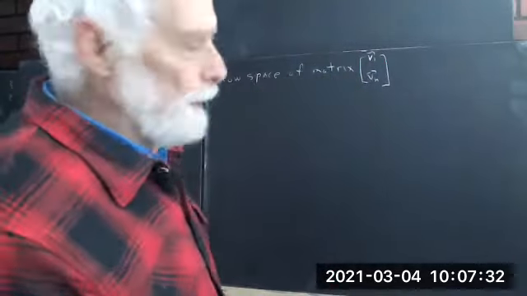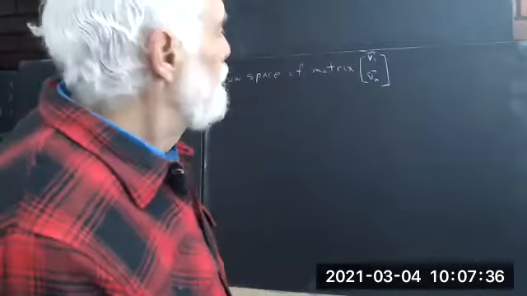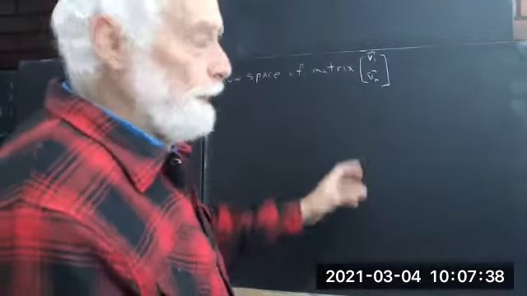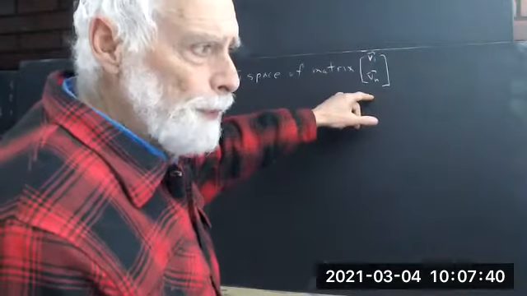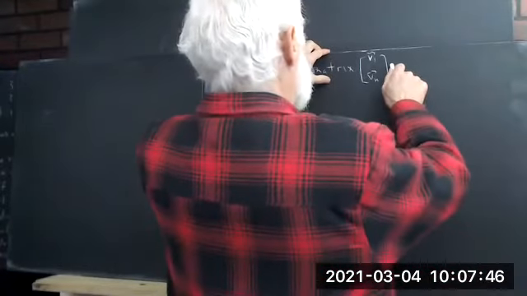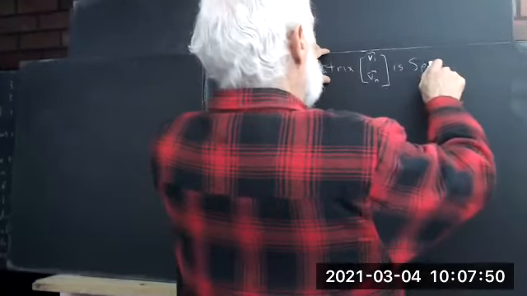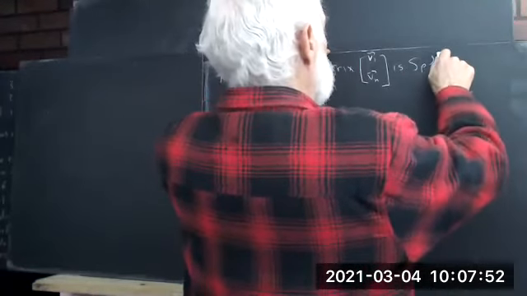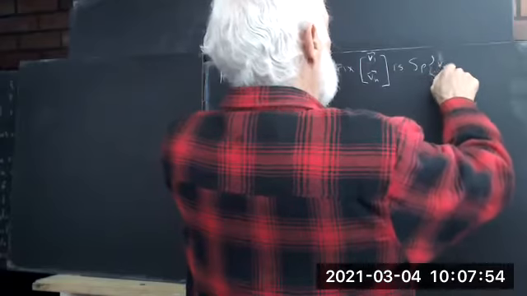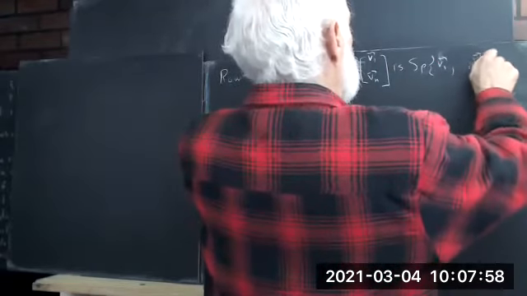We don't have to confine ourselves to columns of 3. We could have columns of 48, columns of 78 million. Okay, but some V1 through Vn is the span of the set V1 through Vn.